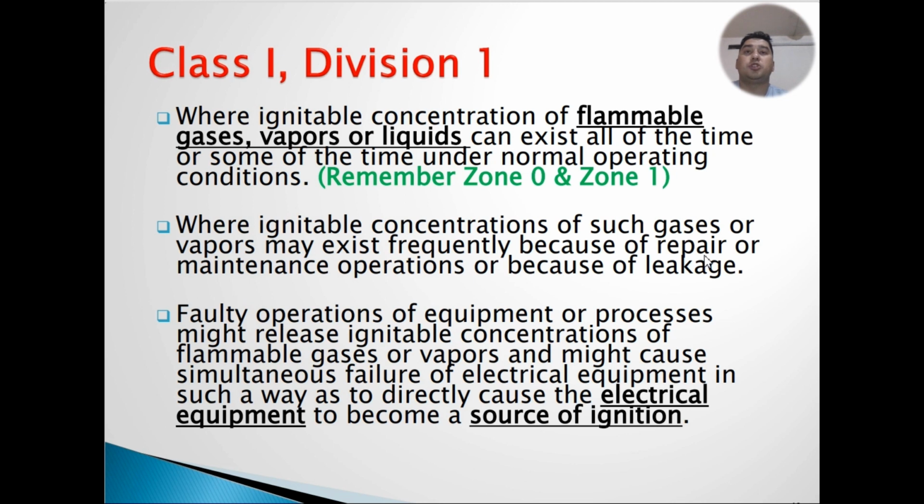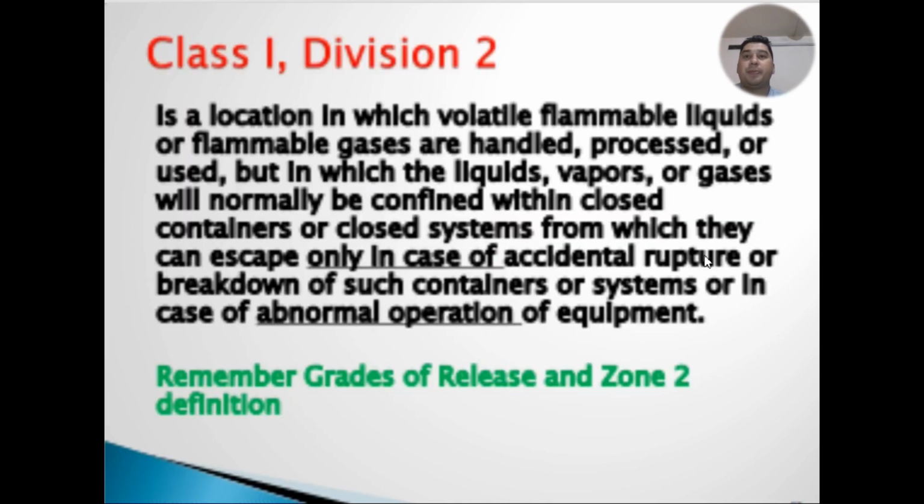So you have to remember zone 0 and zone 1, where ignitable concentrations of such gases or vapors may exist frequently because of repair or maintenance operations or because of leakage. Faulty operations of equipment or processes might release ignitable concentrations of flammable gases or vapors and might cause simultaneous failure of electrical equipment in such a way as to directly cause the electrical equipment to become a source of ignition.